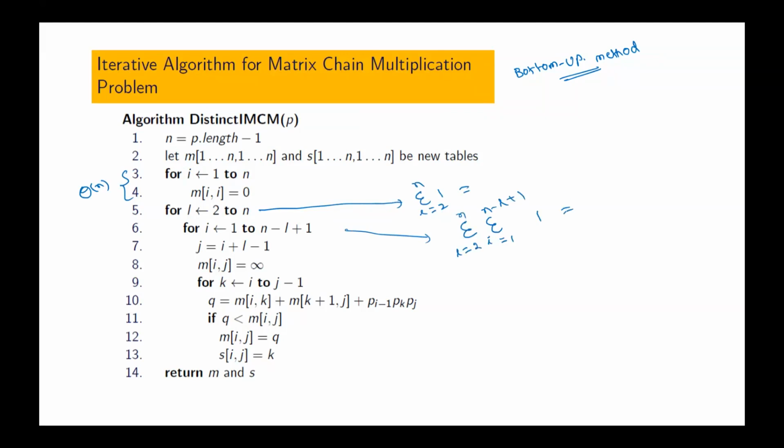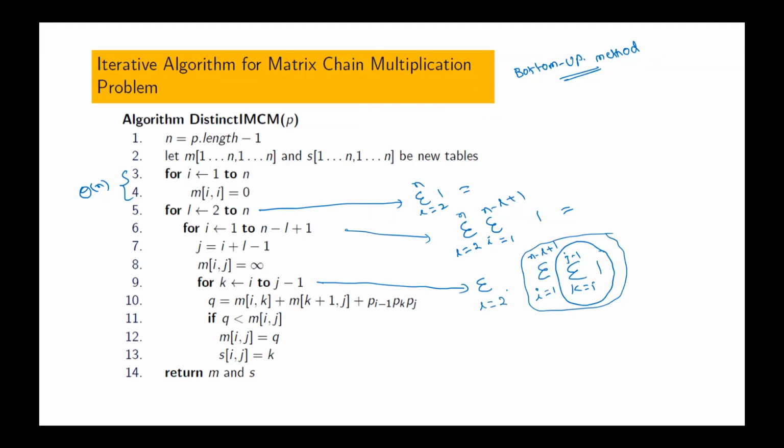So we can simplify this. What about the 9th step? It is repeated for each value of k from i to j minus 1 one time. This entire thing is repeated for each value of i from 1 to n minus L plus 1, but this entire thing is repeated for each value of L from 2 to n.